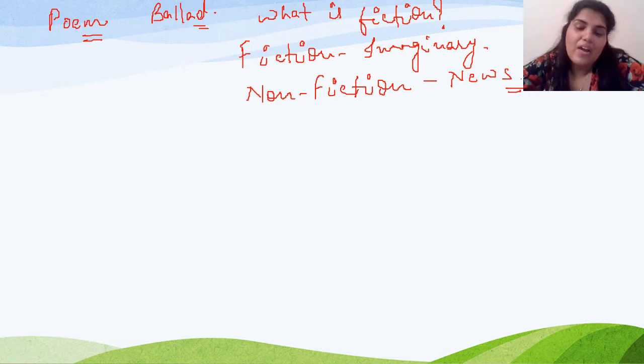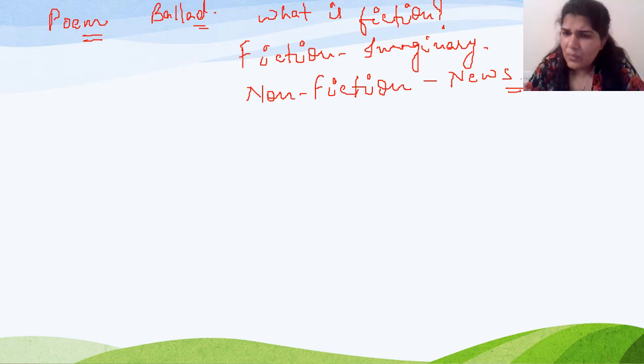Okay? Whereas any story that you read, for example, about Cinderella. So Cinderella is not a fact, it's not true. It's just the creation of the imagination of the author or the writer, and he created some characters and he created a plot and some kind of a theme and conveyed.